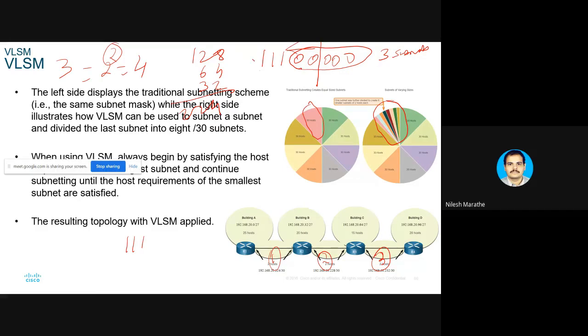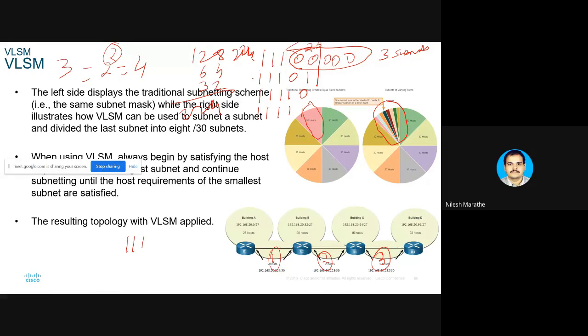So what is going to happen now here? 11111100. Can you tell me now? 224. This is known as 224. So first will be 224. Second, how much should I add? What is this position? 2 raised to 0, 2 raised to 1, 2 raised to 2, 2 raised to 3: 8.